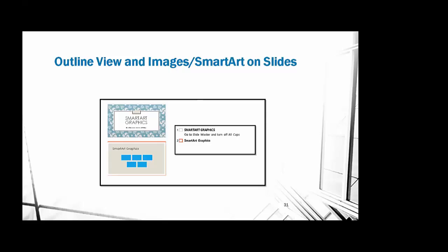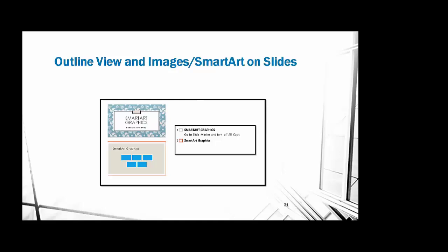SmartArt is problematic as well, and it's one of the reasons I gave you the resource on creating accessible images for PowerPoint. What I generally do with the SmartArt is create it so that it has the inherent properties of my slide color palette, but then I use either the Windows snipping tool or the OneNote clipping tool and make a single image out of it that I can provide alt text with.